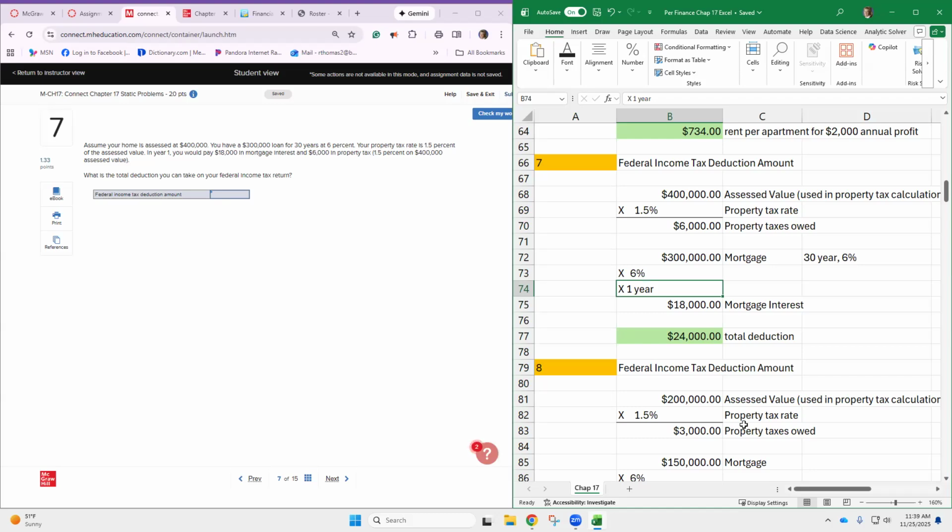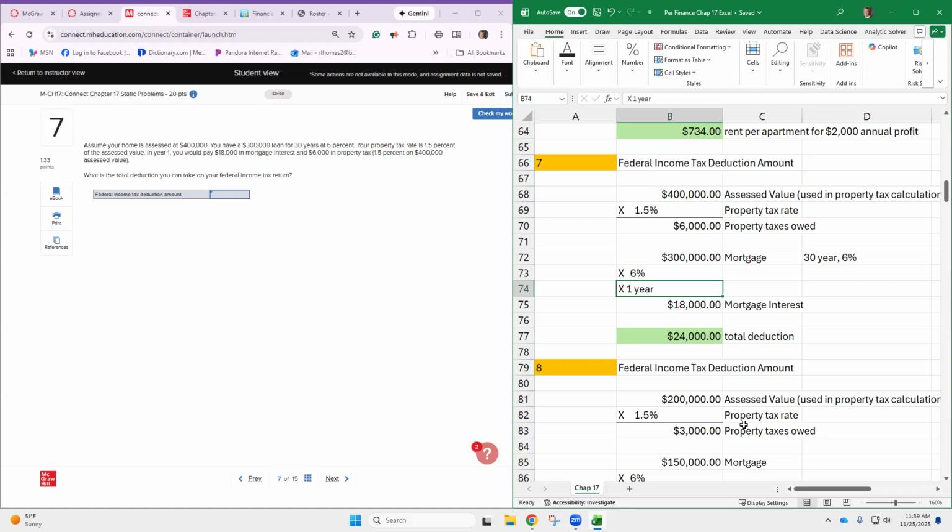They assume the inside probably mirrors the outside. You're only going to get taxed on your assessed value. It says your property tax is 1.5% of the assessed value.